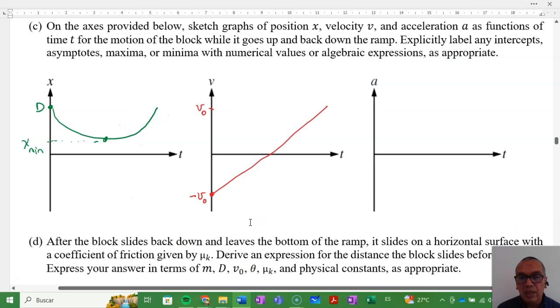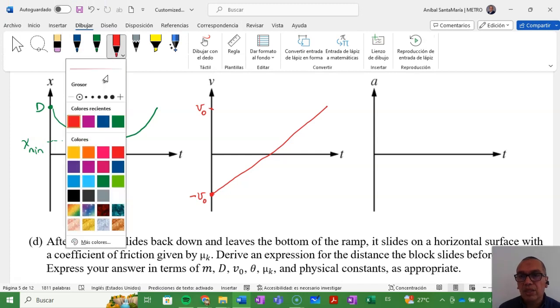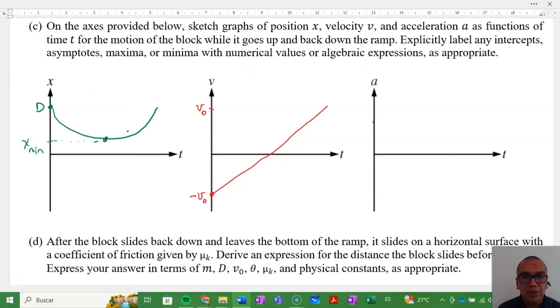Finally, you want to talk about acceleration. And in this case, your acceleration, as we said before, is a constant value, and it just happens to be positive: positive g sine of theta.